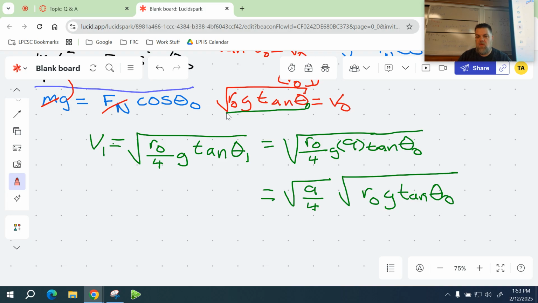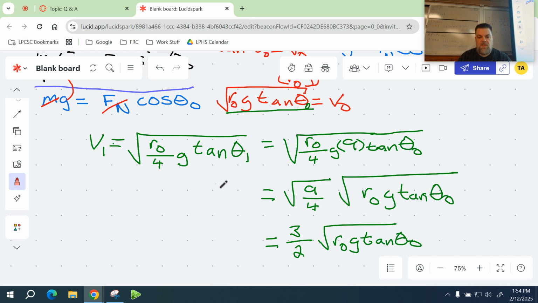Which is the same over here. Well, what is the square root of 9 over 4? What's the square root of 9? 3. What's the square root of 4? 2. And so this is r naught g tangent of theta naught.